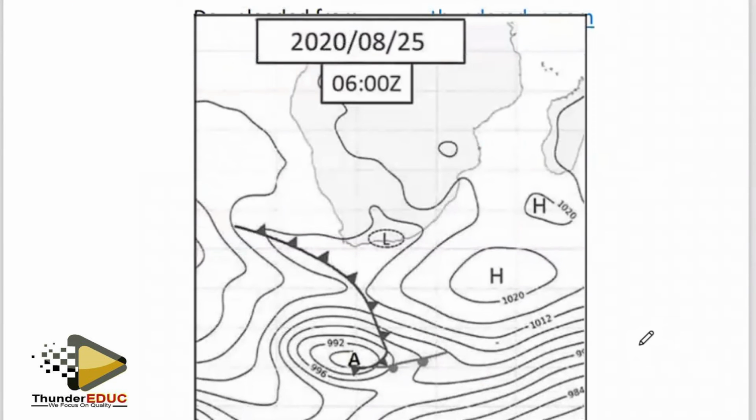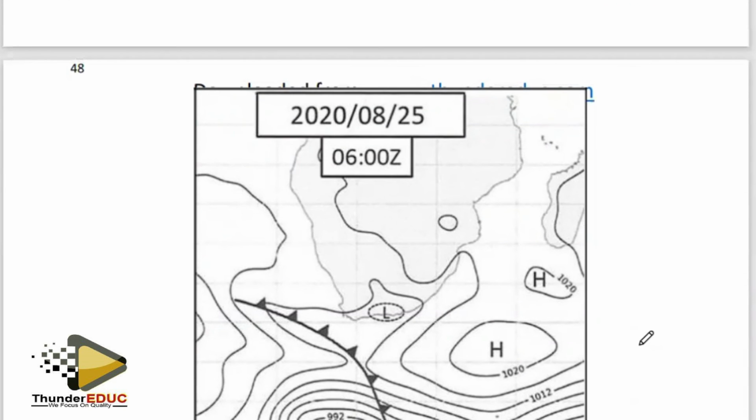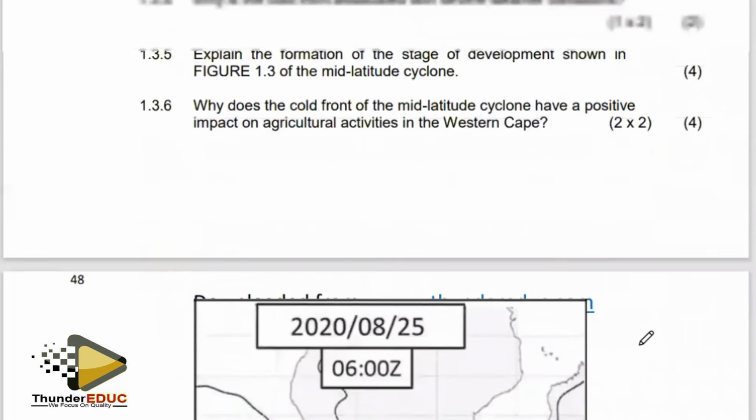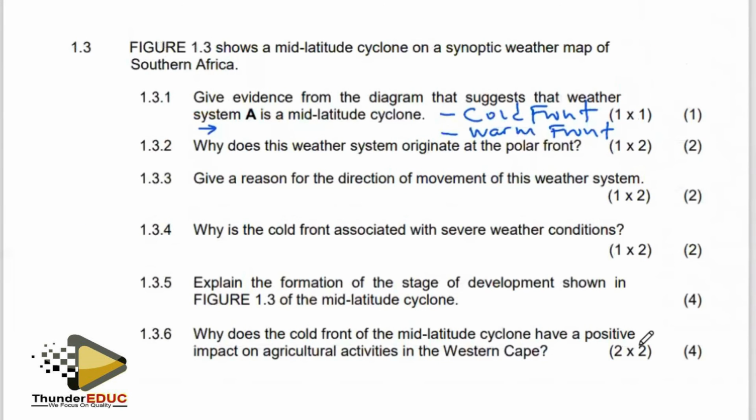Talk about its location, located in the west. That's where the mid-latitude cyclones do originate, among other factors.